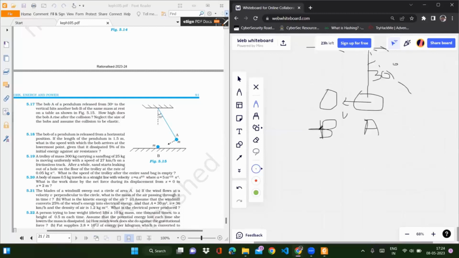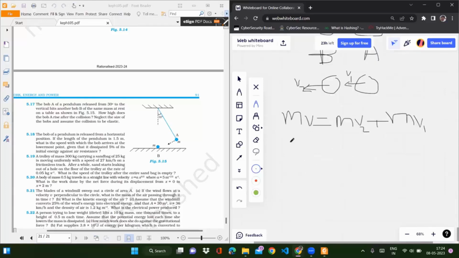After the collision, say this bob has v1 and this bob has v2. By momentum conservation, the initial momentum mv equals mv2 plus mv1, and energy conservation says half mv² equals half mv2² plus half mv1².